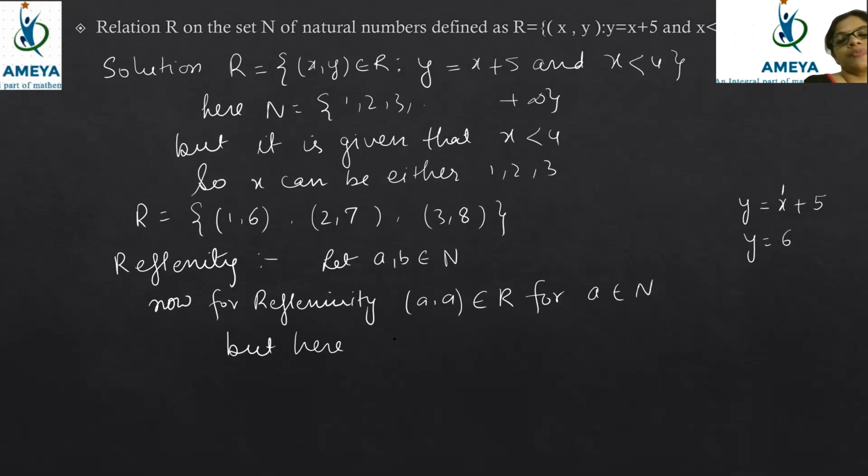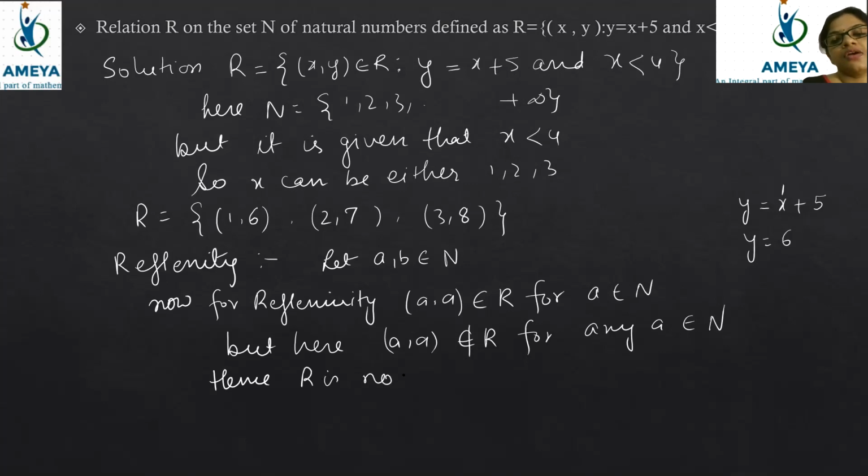But here (a, a) does not belong to R for any a belonging to natural numbers. In general, I have told you that for reflexivity (a, a) belongs to R, meaning elements like (a, a), (b, b), (c, c), (d, d) are needed, but none of them is like this. It is (1, 6), (2, 7), (3, 8). So hence R is not reflexive on N.